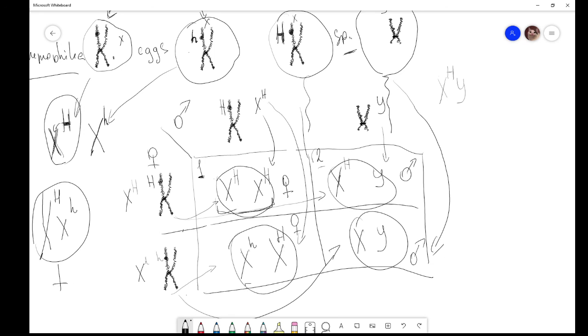This is a healthy daughter. And this boy took from mother the recessive allele of hemophilia, and from father the Y chromosome.